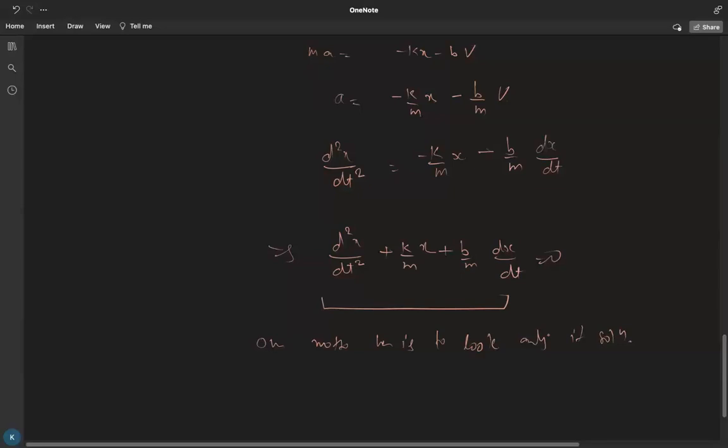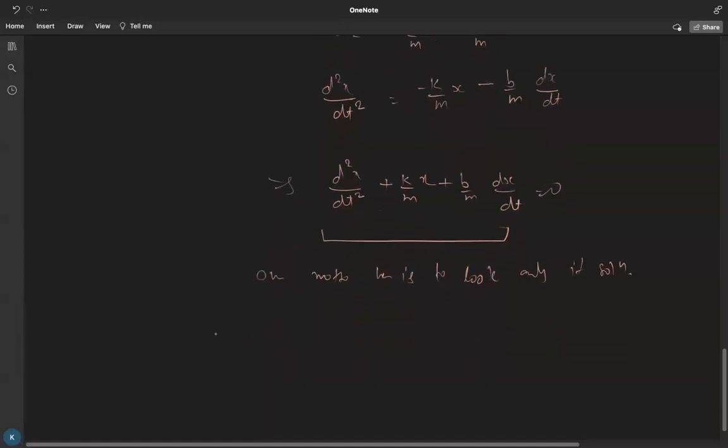What is its solution? In a later class you will learn how to solve it. We have to take a trial solution here: x is equal to something like a cos omega t, and then you solve and get the final answer.